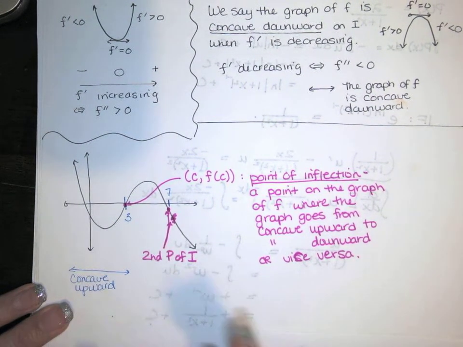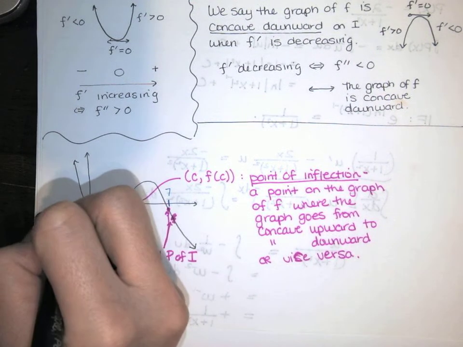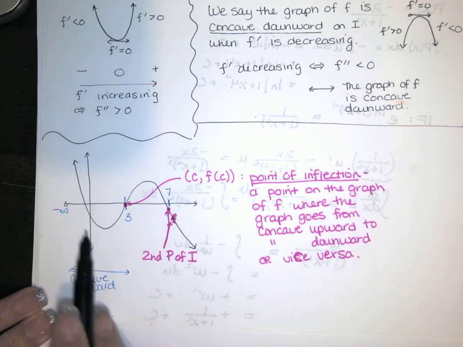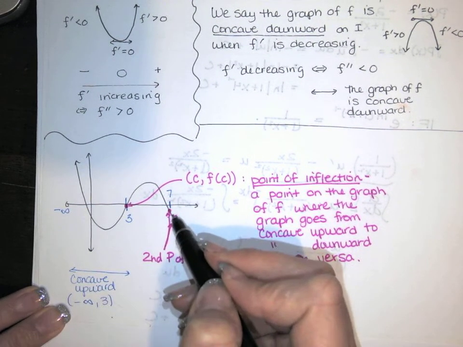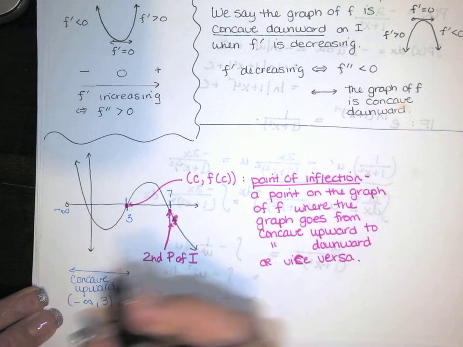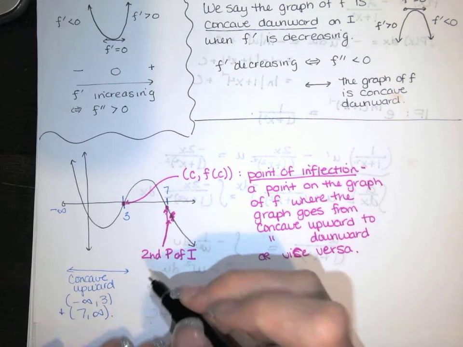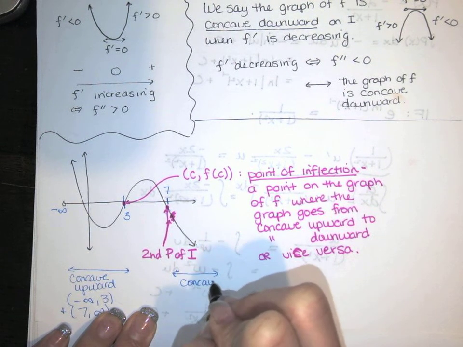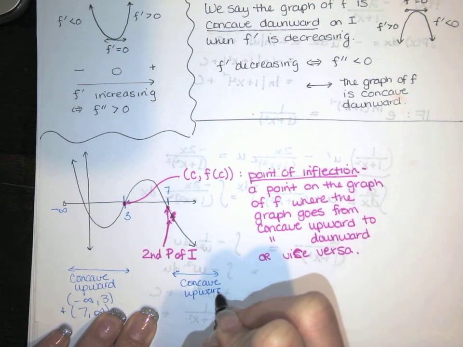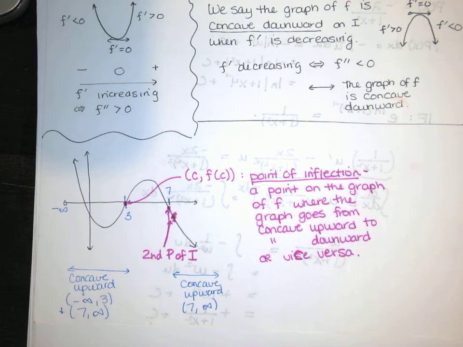I might say, just guessing for where those points of inflection are, that the graph is concave upward on the interval, and we're always looking for intervals of x values, from negative infinity to 3. And it's also concave upward over here, starting at 7 and going to infinity. So it's concave upward there, concave upward here, and then in the middle, it's concave downward.